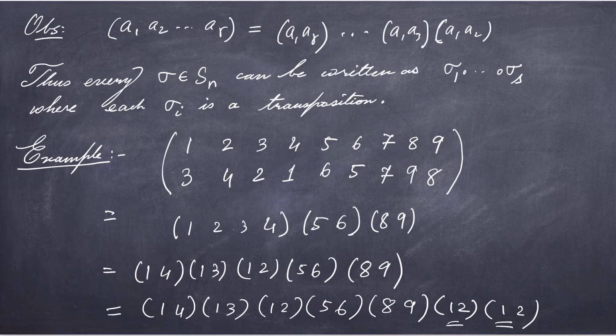So in other words, if we write this as a product of 5 transpositions, then we can write it as a product of 7, 9, 11 transpositions. However, we cannot write it as a product of, let's say, an even number of transpositions. That is what we can guess from the computations that we are making.